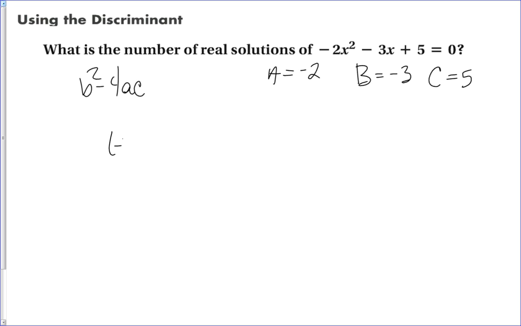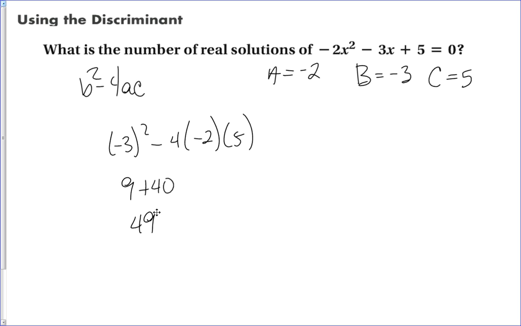So we do negative 3 squared minus 4 times negative 2 times 5. This is 9. 4 times 2 is 8, times 5 is 40, and it's negative and negative, so it's plus. So this equals 49. Since it is positive, we have two real solutions.